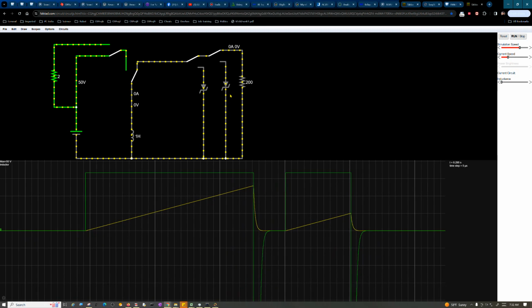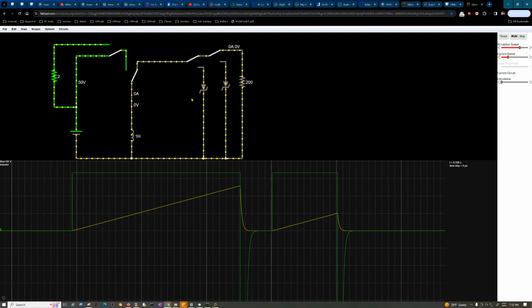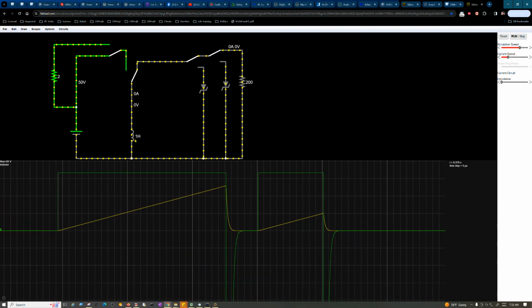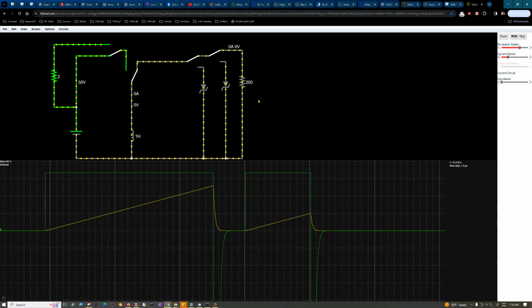I just kind of want to make a quick little video about inductors. I've got this Falstad circuit I created here. It's just a 1 Henry inductor. It's a 50-volt battery. You can see what the values are.